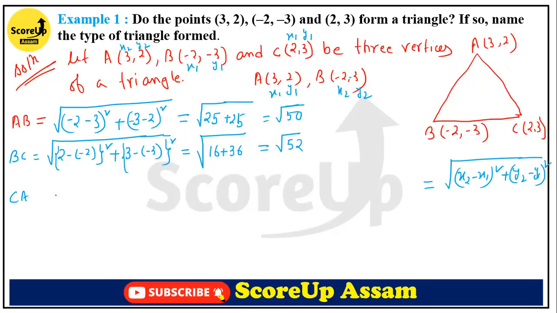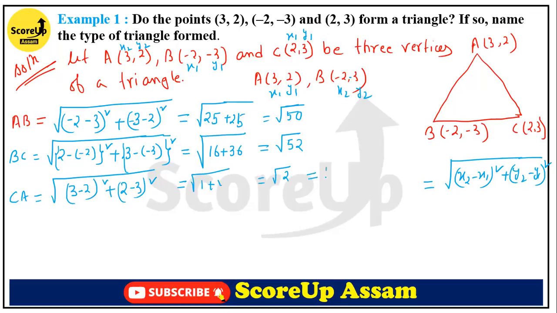It will be x2 minus x1, that means 3 minus 2 whole square plus 2 minus 3 whole square. 3 minus 2 is 1, whose square is 1, and 2 minus 3 is minus 1, whose square is 1. That means it will be root over 2.